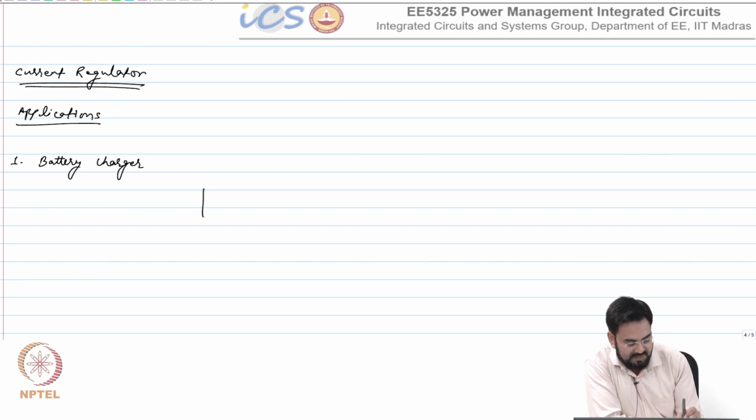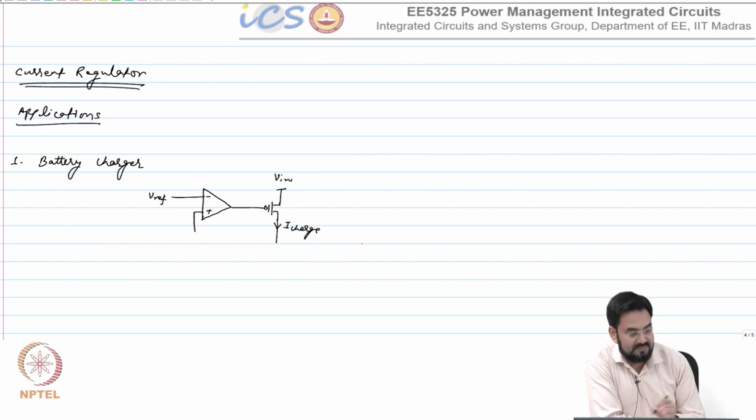Now let's take the same regulator. You have Vref, Vin, this is your charging current.